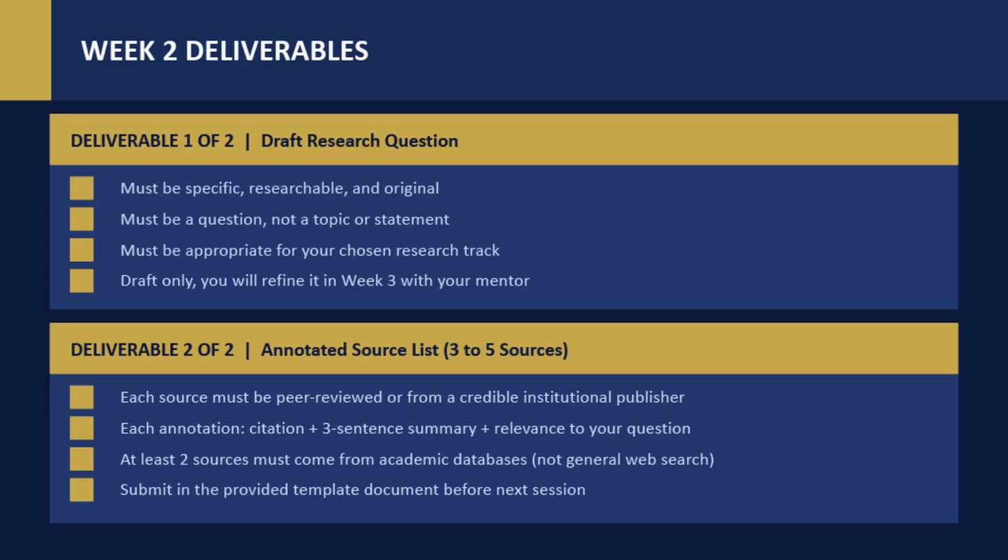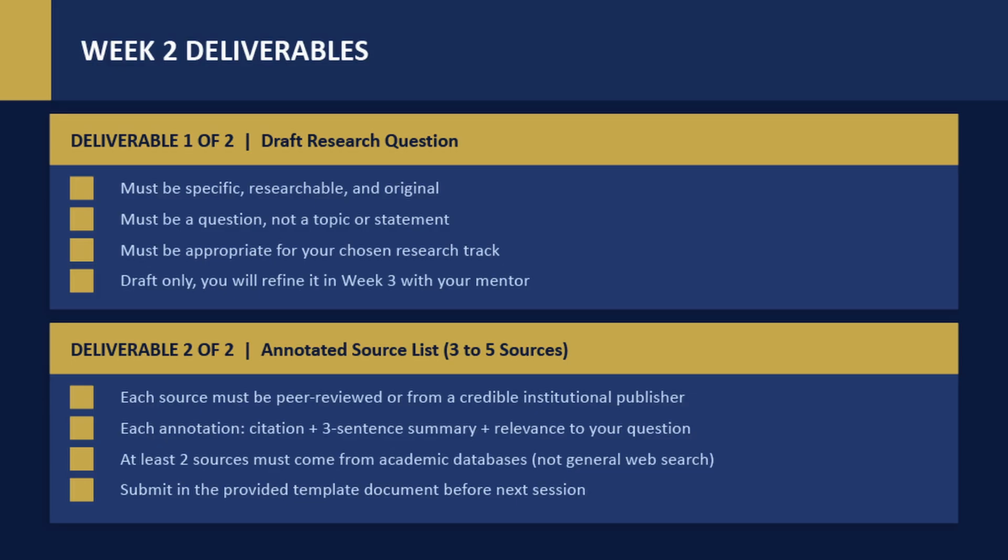And then deliverable 2, annotated source list. So each source that we find on the internet should be peer-reviewed, or at least from a credible institutional publisher. And each annotation should have the citation, plus a 3-sentence summary, plus relevance to your question.